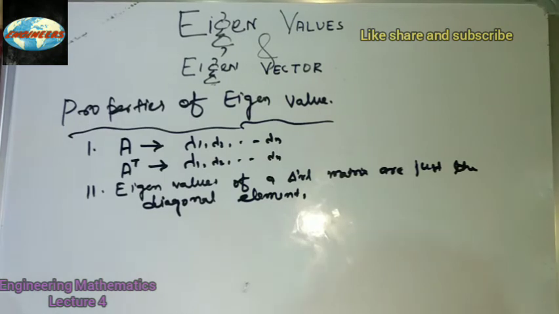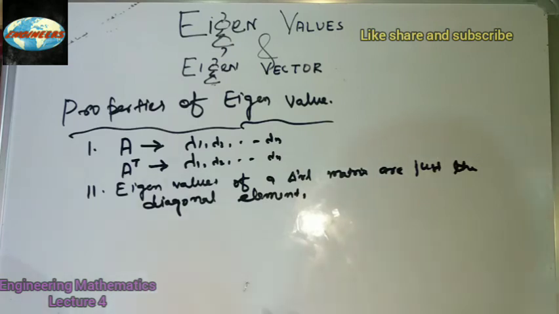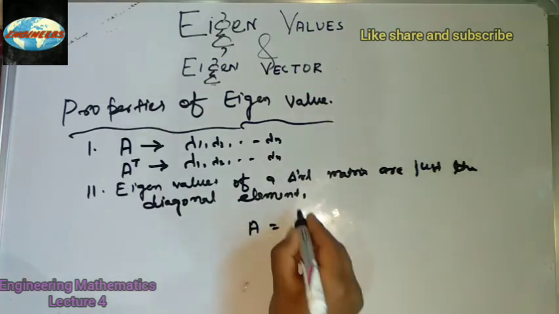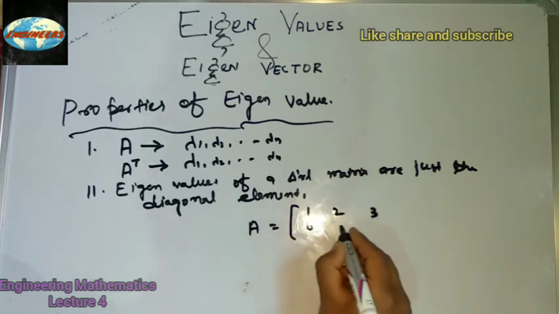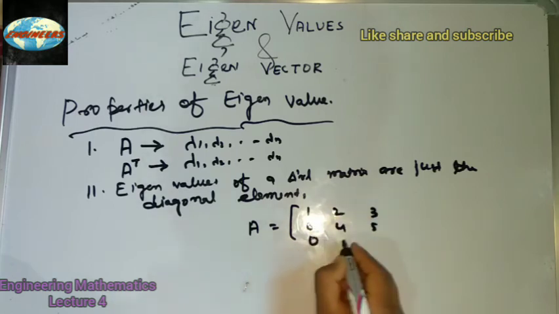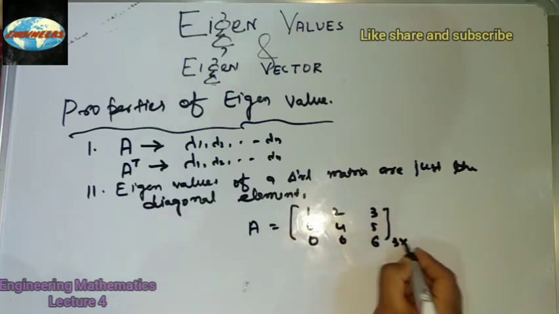That means if the question says find the eigenvalues of a matrix, but that matrix is in triangular form, like A is the matrix 1, 2, 3, 0, 4, 5, 0, 0, and 6. This is a 3 cross 3 matrix.